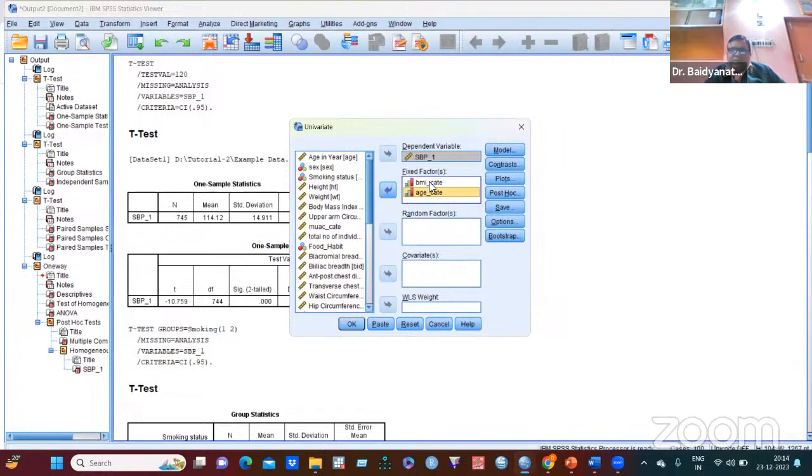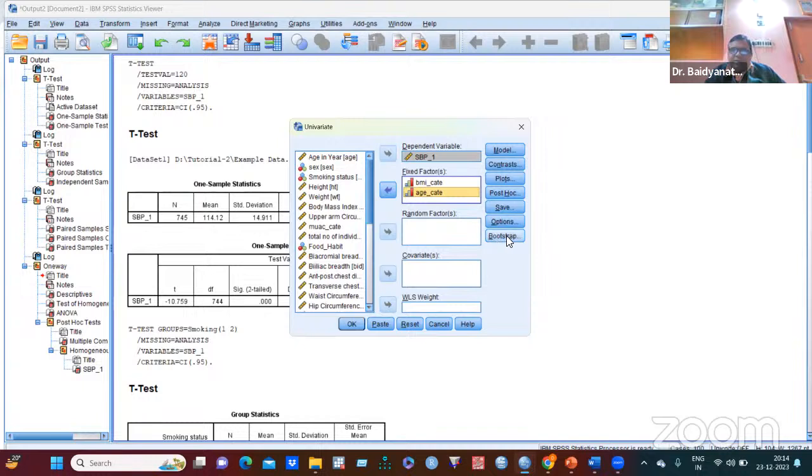The first null hypothesis is about the main effect of BMI, the second is the main effect of age category, and third, whether there is any interaction effect.